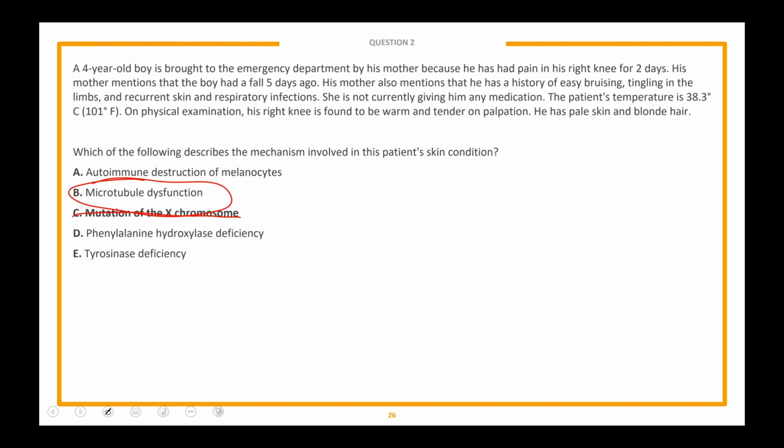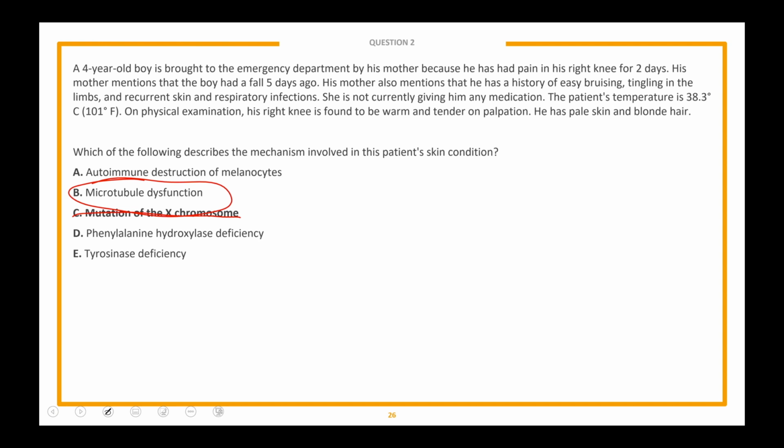So a defect in a specific gene, the LYST gene, leads to microtubule dysfunction, specifically in the lysosomes and the phagosomes, okay? So thus, you have a patient that progresses with neurodegeneration, albinism, like this patient with pale skin, pyogenic infections, like this patient with recurrent infections, and then bleeding tendencies as well, which the mom reported was a concern for her. So that would be the best answer here.